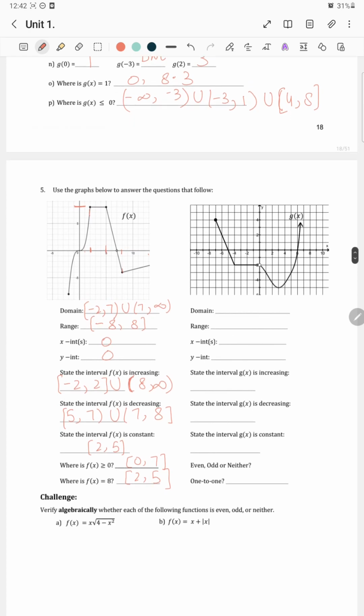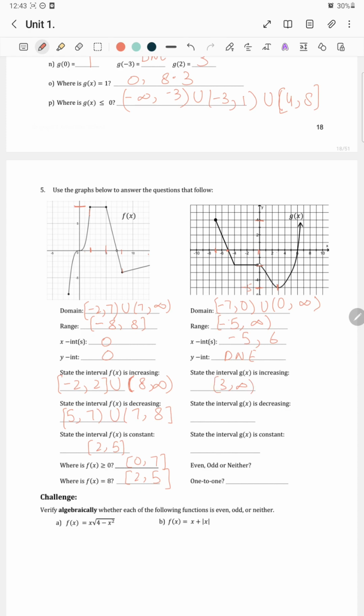The domain of this function is, range of this function is, x-intercept, y-intercept. Interval where g of x is increasing: from 3 to positive infinity.